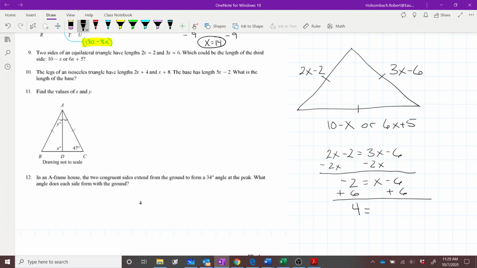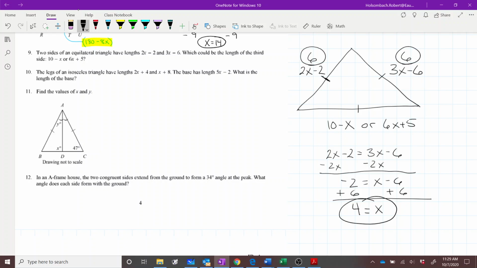Alright, so we know that 4 is equal to x, or x is equal to 4. If x is equal to 4, then one of these sides of this triangle is going to be 2 times 4, which is 8, minus 2, which is 6. This side is going to be 3 times 4, which is 12, minus 6, which is 6.